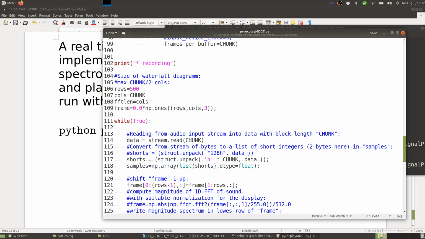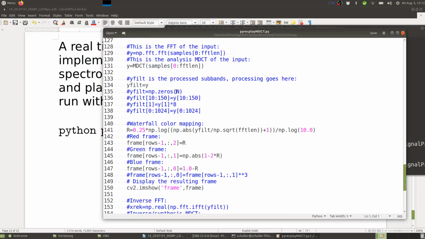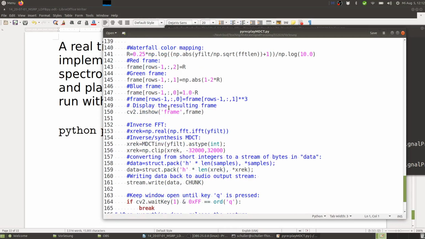Yeah, it's the same as columns. So that's our full block, the full block coming from the sound card. Here we could do some processing if we wish to. Here I compute the resulting color for the waterfall spectrogram, and I show the frame, which is then the moving spectrogram.